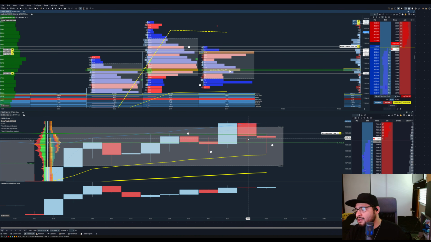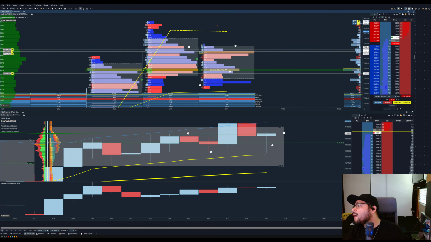Okay, so it closed below. The 30-minute candle closed below the weekly VWAP.